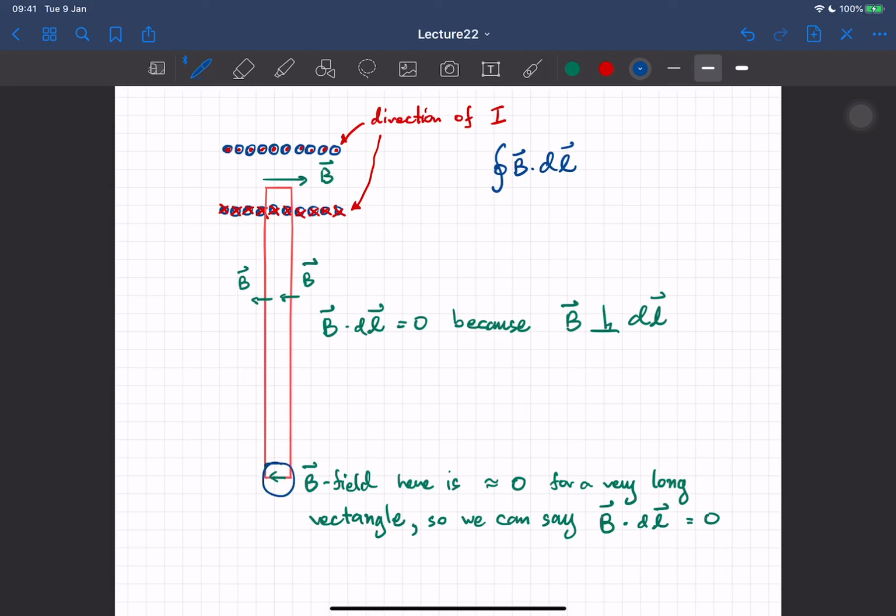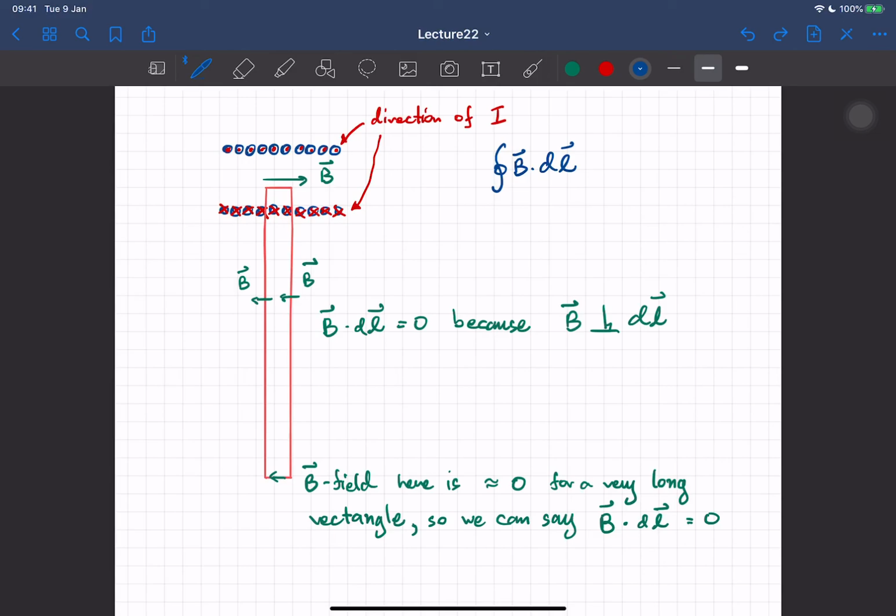This one is zero because the magnetic field is zero, because it's just so far away from the coil. This side is zero because B and dl are perpendicular to each other. Right? Because when you walk, dl has to go down or up, but B is going sideways. So the dot product is zero.